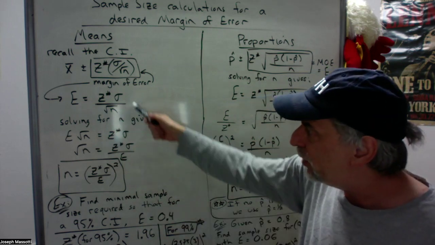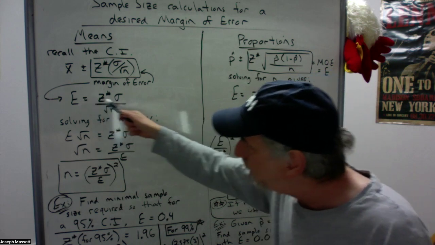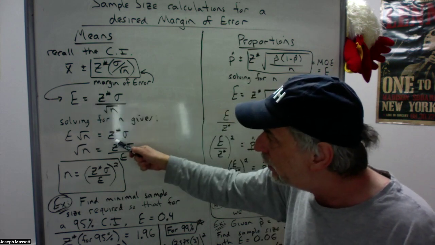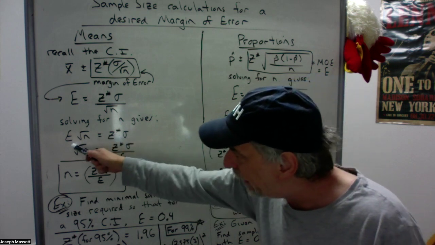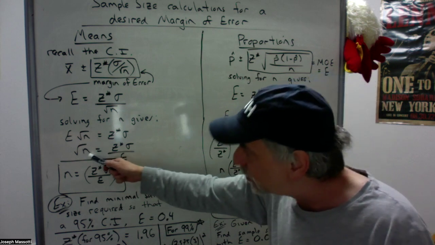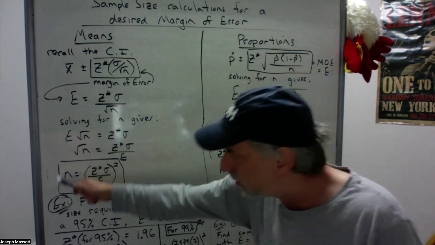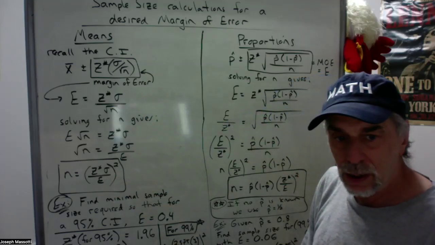All we're doing now is solving this equation for n. If we multiply both sides by the square root of n to get to this point, and then divide both sides by E to get to this point, and then square both sides to solve for n, we're just solving an equation for one variable in terms of others.